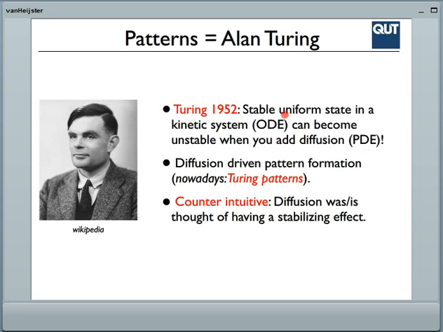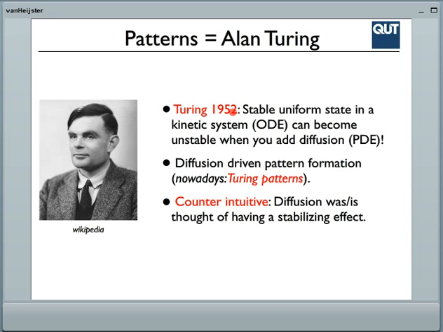So what was his idea? His idea was, if you have an ODE which has, let's say, a stable state, can we make this unstable when we add diffusion? This is counterintuitive, because when people thought of diffusion before, they always assumed it had a stabilizing effect.